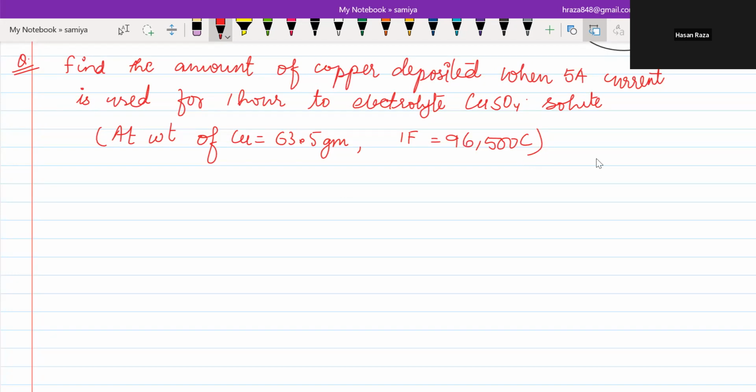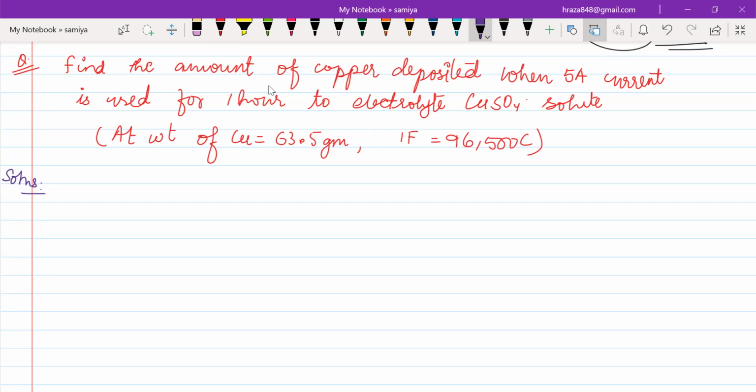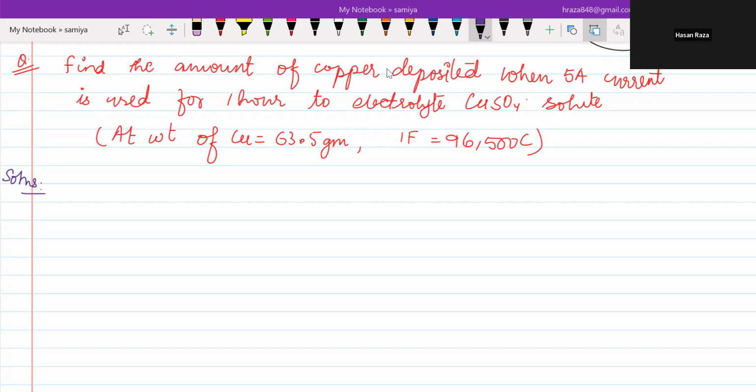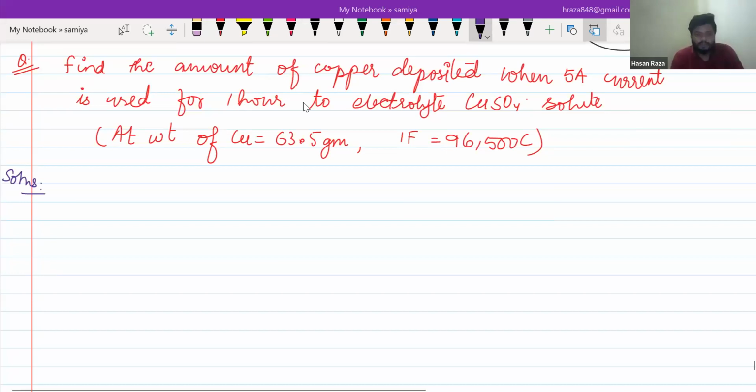14.9. Now see, no problem at all. The answer is basically 5.9 gram. Now we need to calculate the mass of copper deposited when 5 ampere current is used for 1 hour in electrolyte CuSO4.